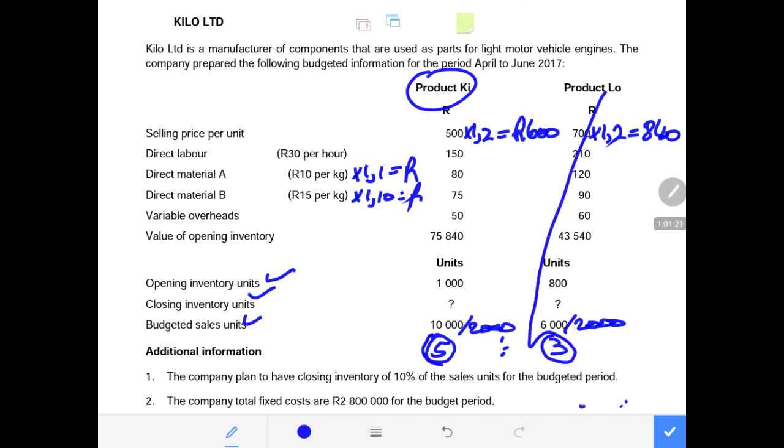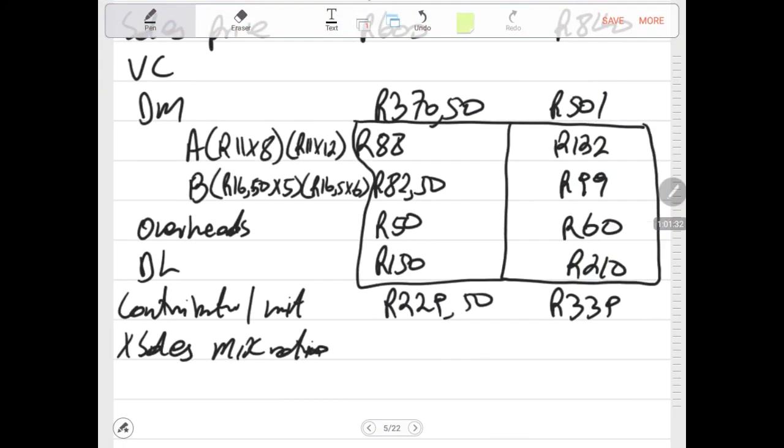For every 5 units of product KI sold, 3 units of product LO are sold. So now that is the ratio that we multiply the sales mix ratio. We multiply by 5 and 3, which is 5:3.